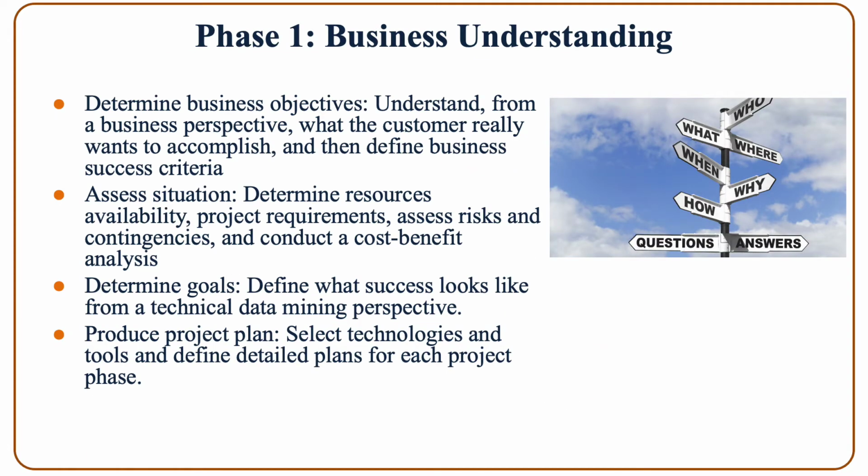The business understanding phase focuses on understanding the objectives and requirements of the project. The following are the 4 tasks in this phase. The first task is to determine the business objectives. You should first thoroughly understand from the business perspective what the customer really wants to accomplish, and then from there define business success criteria.